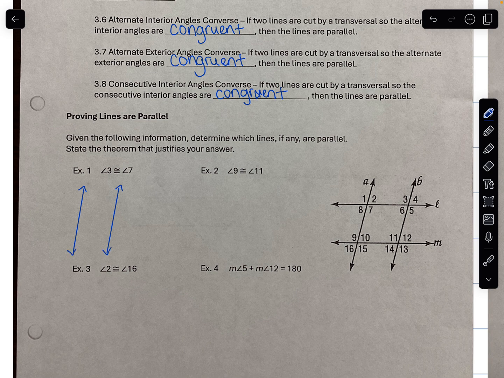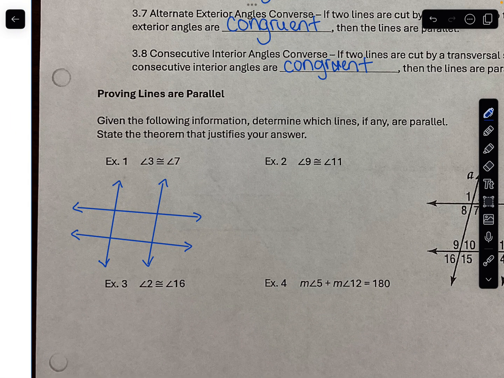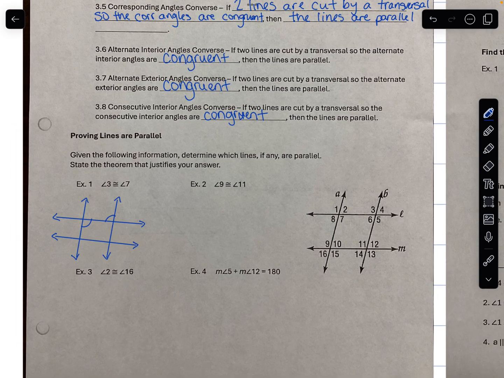Doesn't have to be perfect, it just helps us see just the ones we're talking about. So angle 3 is located here. Notice I took angle 3 from this corner, angle 7 from here, and I marked those over here. So we're going to determine if they're parallel.